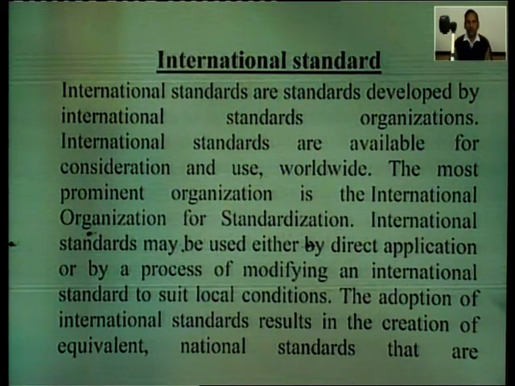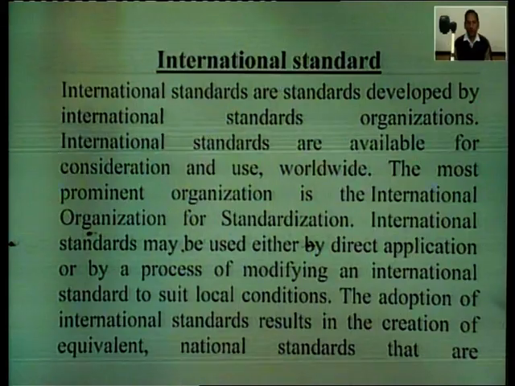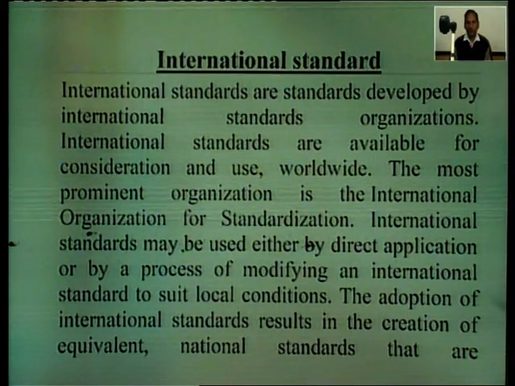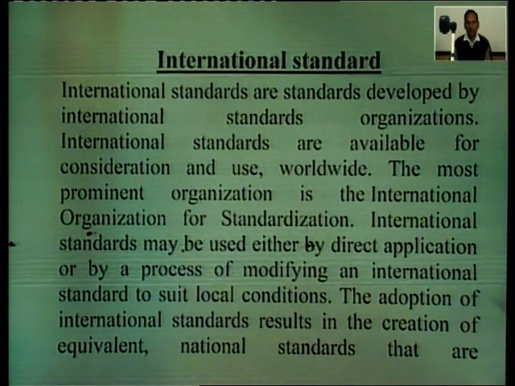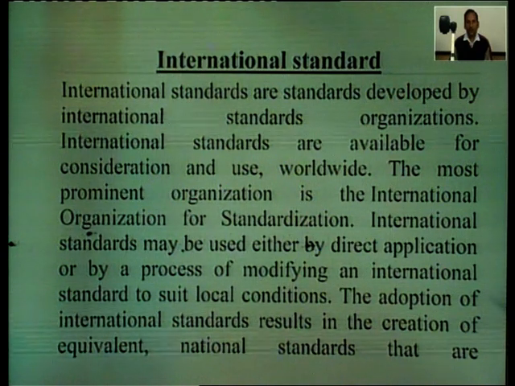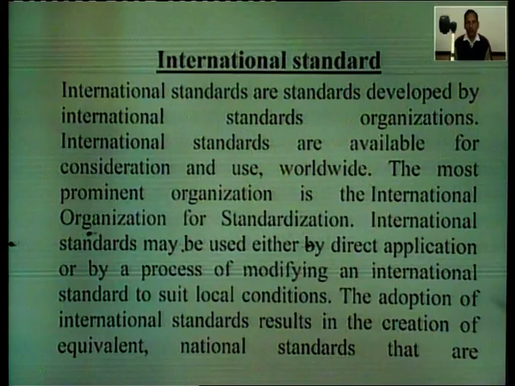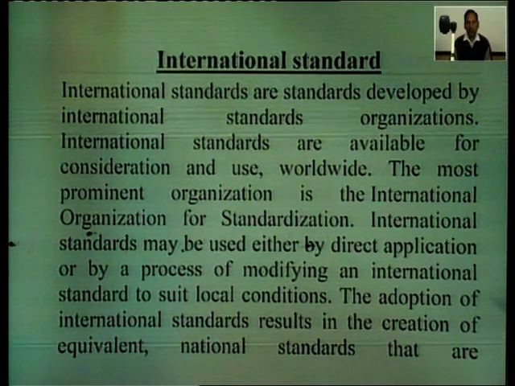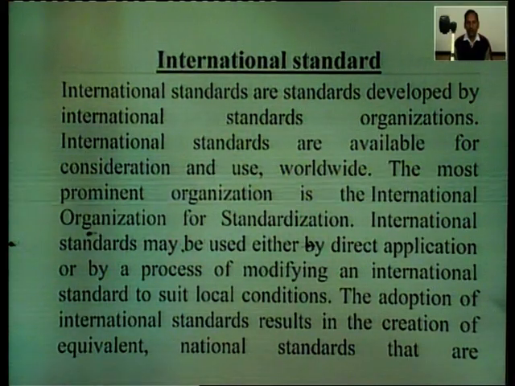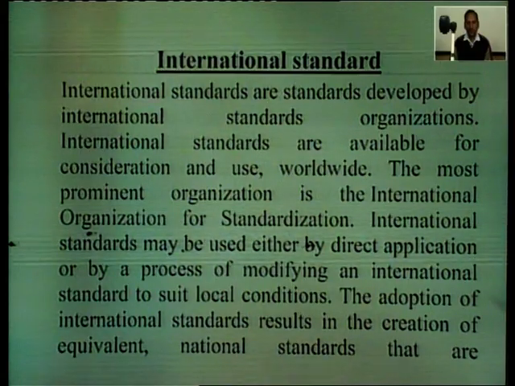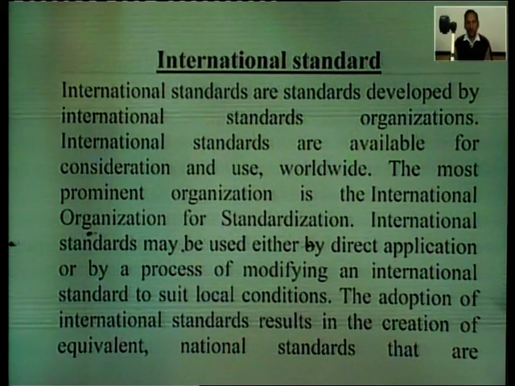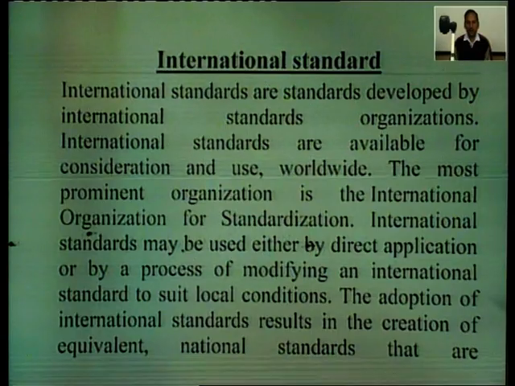So next is international standards. International standards are standards developed by international standards organizations. International standards are available for consideration and use worldwide. The most prominent organization is the International Organization for Standardization.